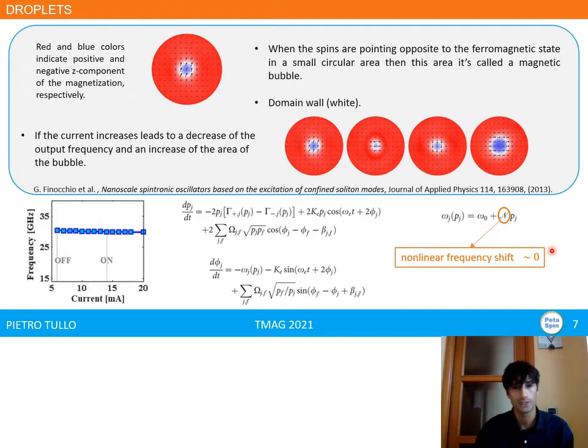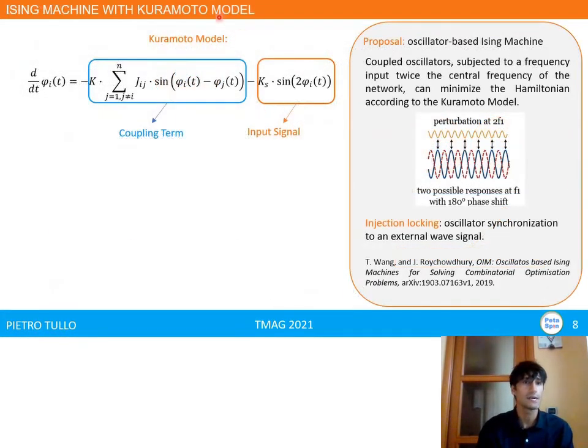In this case, the Slavin model behaves like the Kuramoto model. The Kuramoto model is very important because it can solve different combinatorial optimization problems, like the max cut. Here is a representation of the Kuramoto model with two terms, the coupling term and the input signal term, with the coupling coefficient, the elements of the coupling matrix, and here the phases.